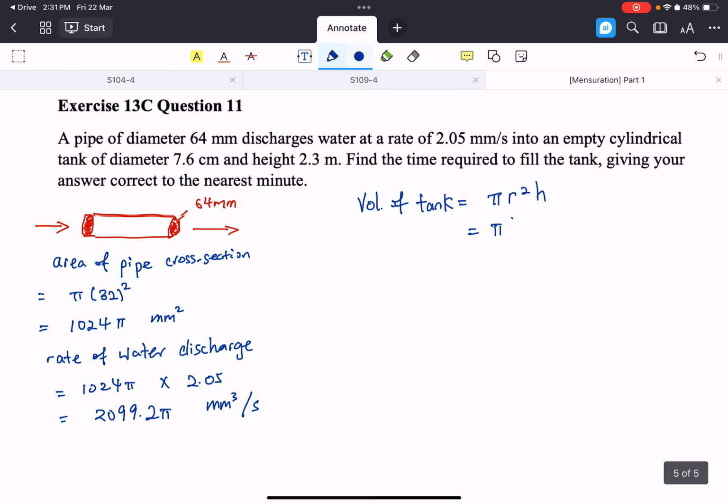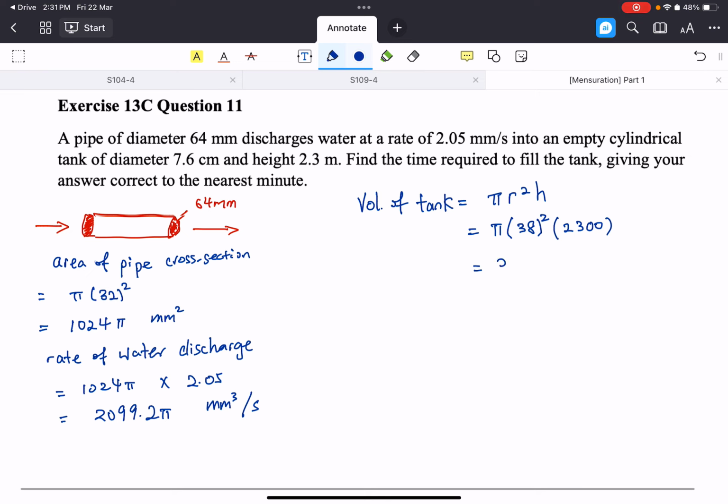So let's try again. 76 divided by 2 is 38. So this is 38 millimeter for the radius squared. Now the height is 2.3 meters, right? So 2.3 meters is 230 centimeter, which is 2,300 millimeter. Multiply by 38 squared, that gives us 3321200 pi. Now this is in millimeters cube. Okay, so that's the volume.